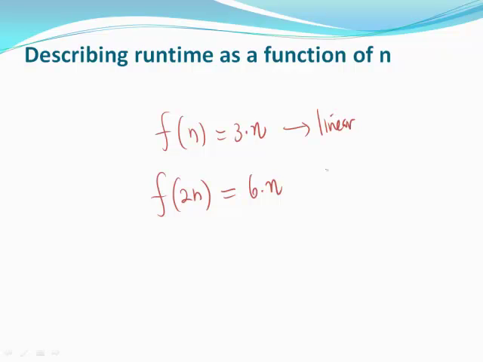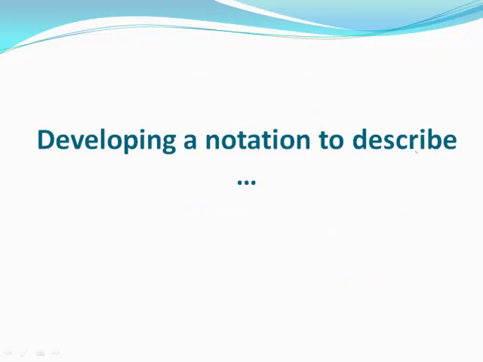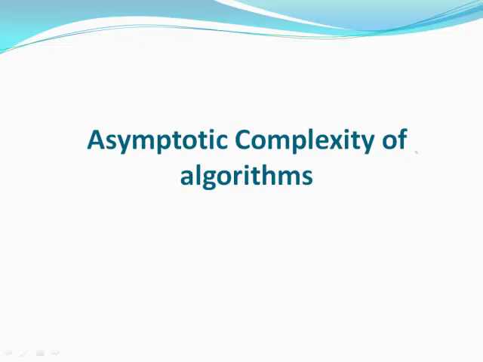A linear function would look like this, f of n equals n. So we know that if you double the size of the data set, the runtime would also increase twofold.